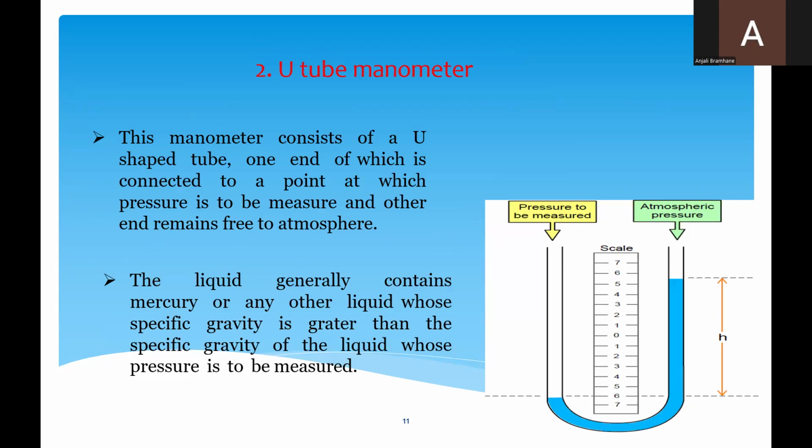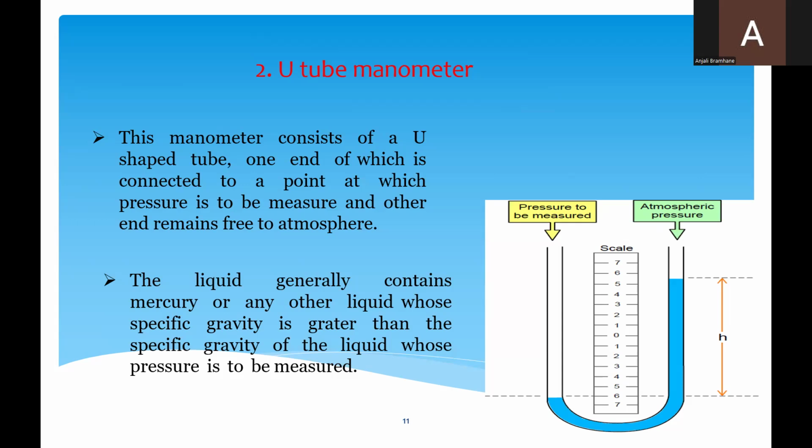Second is the U-tube manometer. Now see in the figure, pressure to be measured and atmospheric pressure. This manometer consists of a U-shaped tube, one end of which is connected to a point at which pressure is to be measured and the other end remains free to the atmosphere.